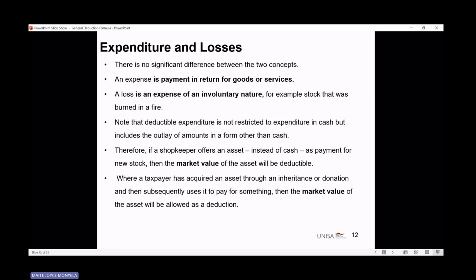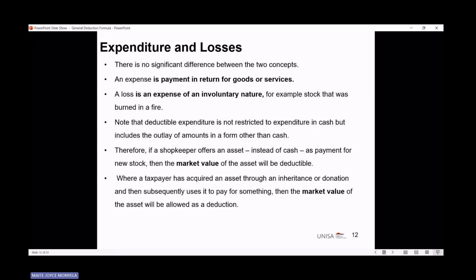So, for example, if we have a shopkeeper who offers an asset instead of cash as payment for new stock, then we will use the market value to determine the value of the stock. Where the taxpayer acquires an asset through inheritance or donation and subsequently uses it to pay something, the market value will also be used to determine the value of the asset.